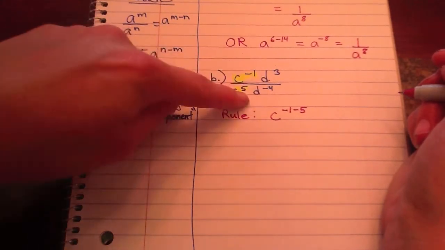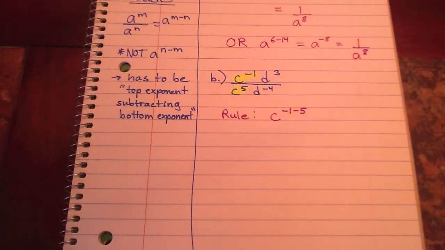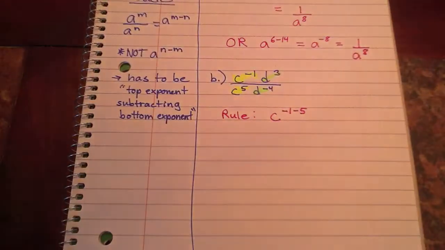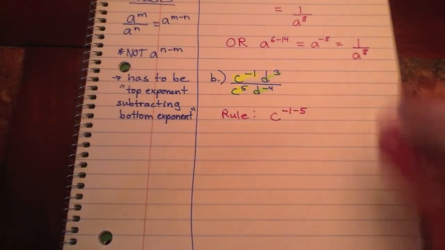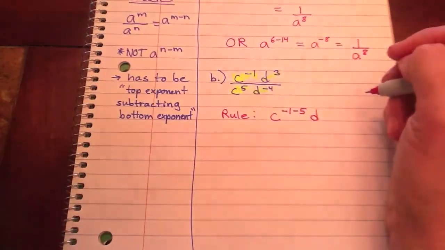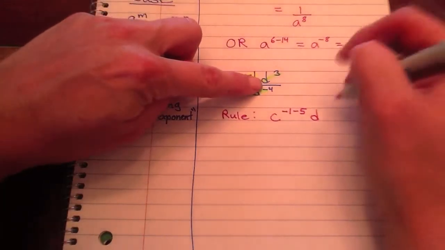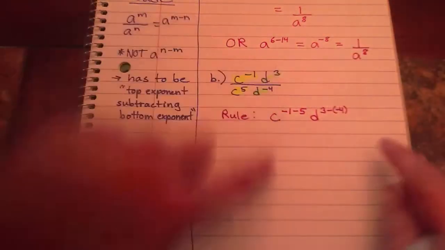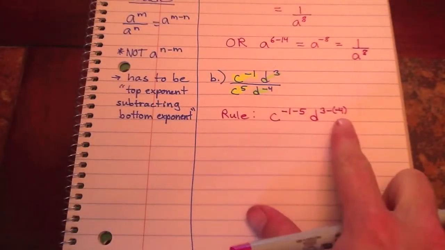And then I see D, maybe I'm going to highlight that in green. Hopefully my green isn't too dark. And I end up with D, top exponent minus bottom. So 3 minus negative 4. Remember, double negatives there.